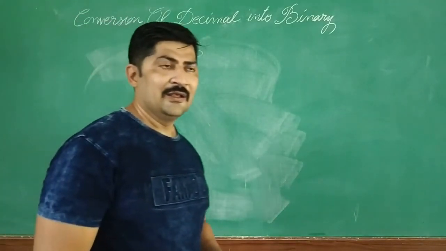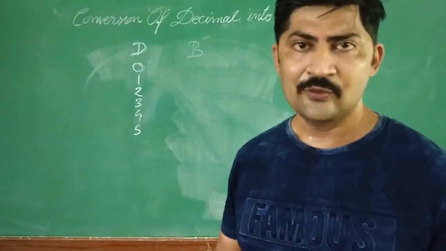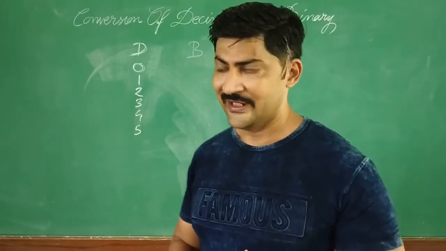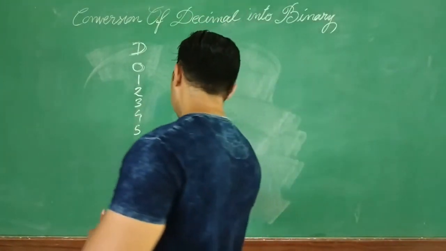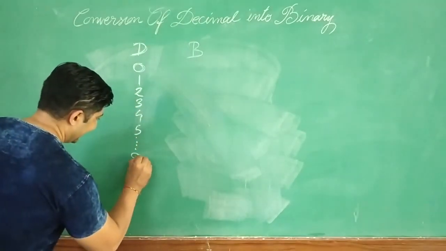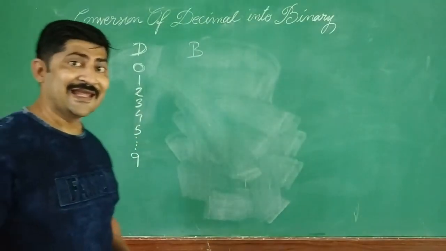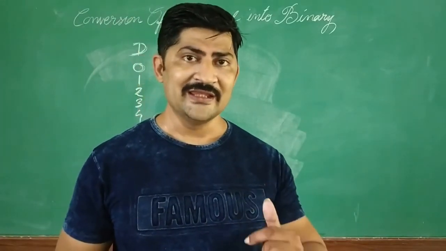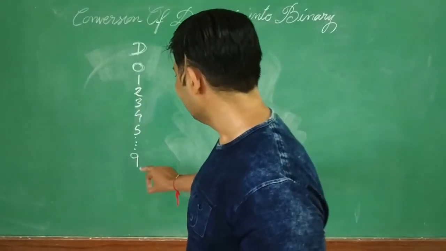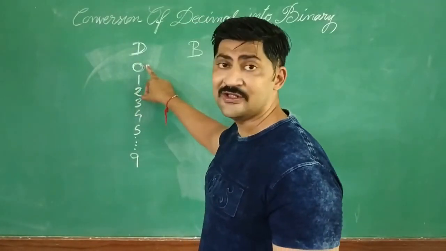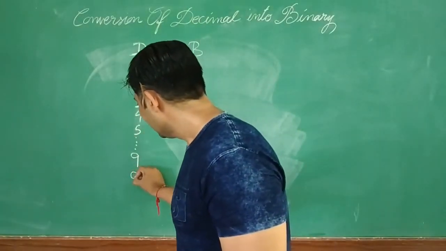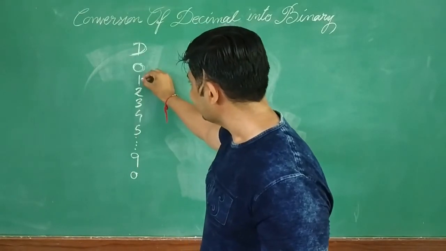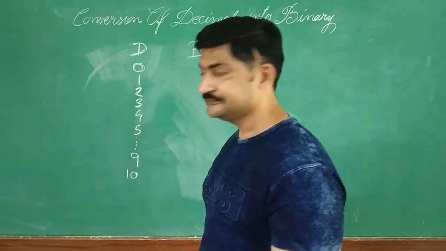In decimal we have 10 digits, 0 to 9. When we reach 9, which will be the next possible number? There is no number bigger than 9, so it will turn into the smallest number, 0, and the series will start from 1.